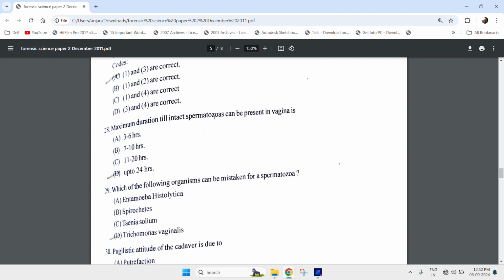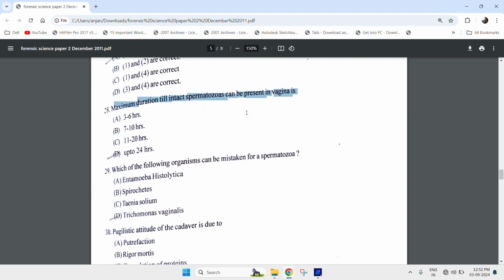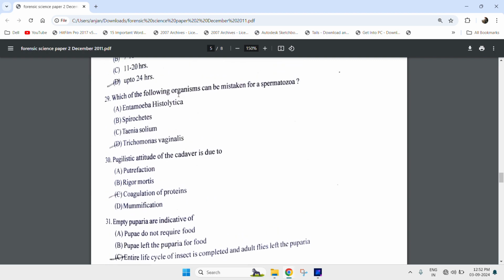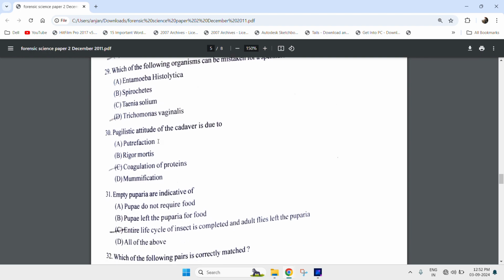Maximum duration till which intact spermatozoa can be present in the vagina is up to 24 hours. Which of the following organisms can be mistaken for spermatozoa? Trichomonas vaginalis.